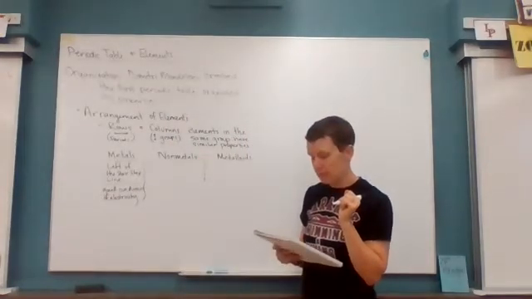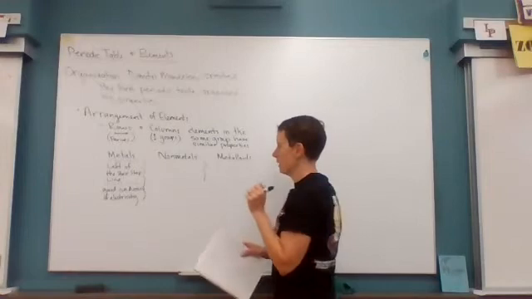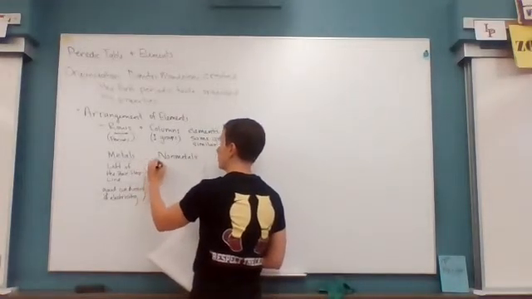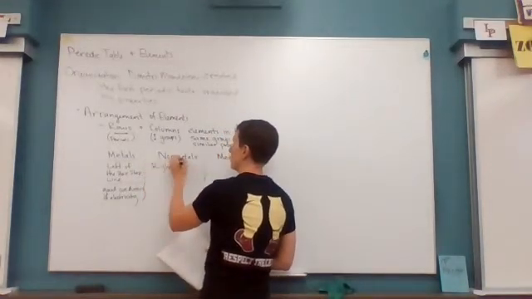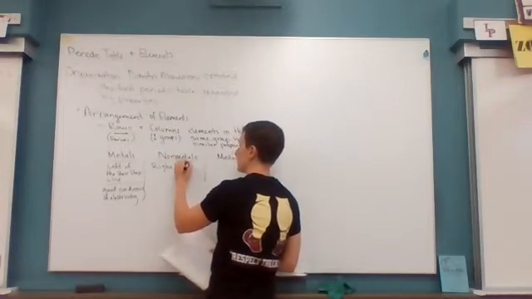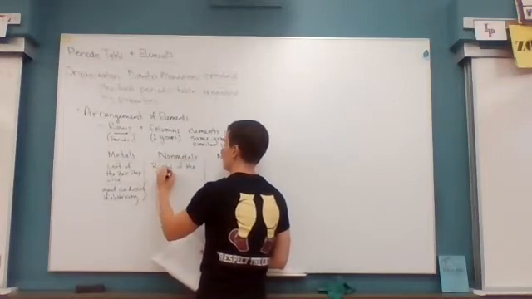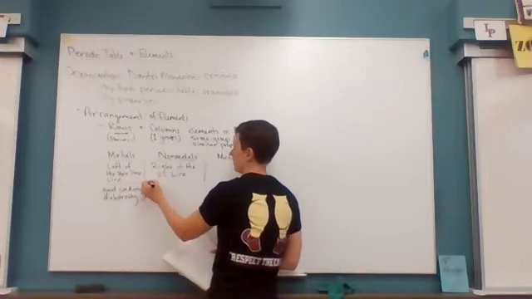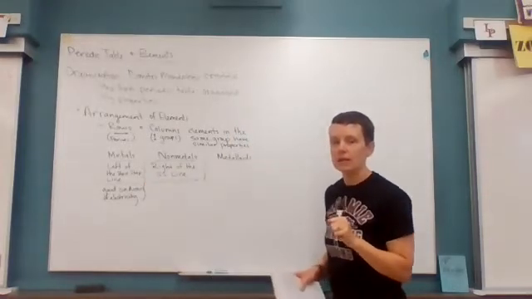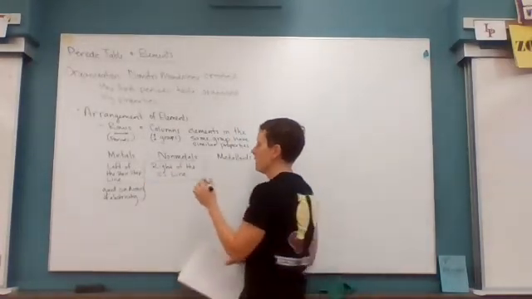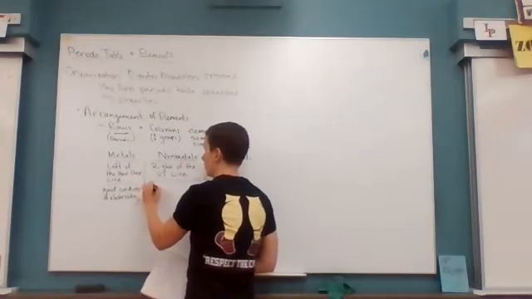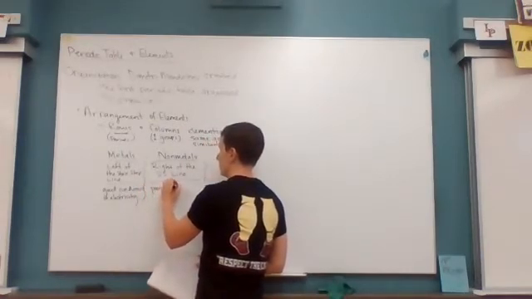Okay. All right, non-metals are to the right of the stair-step line. I'm going to abbreviate that SS, right of the stair-step line, and these are poor conductors of electricity.